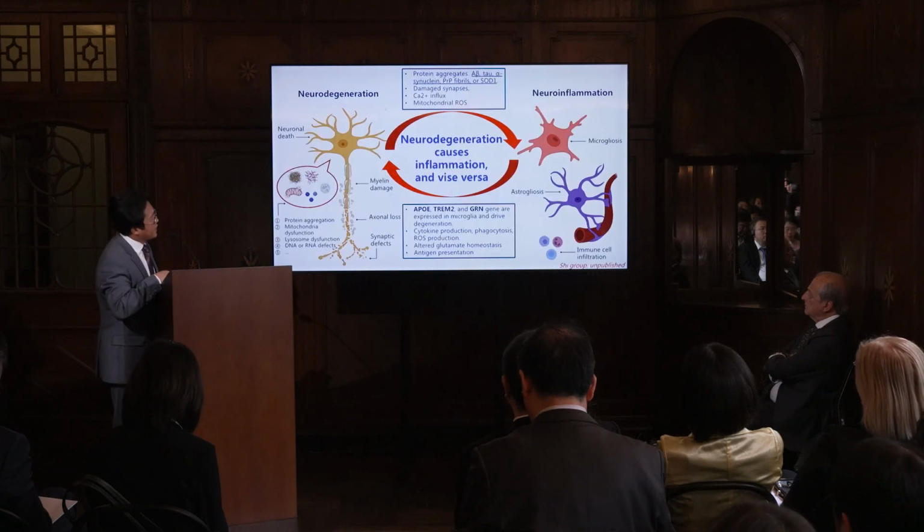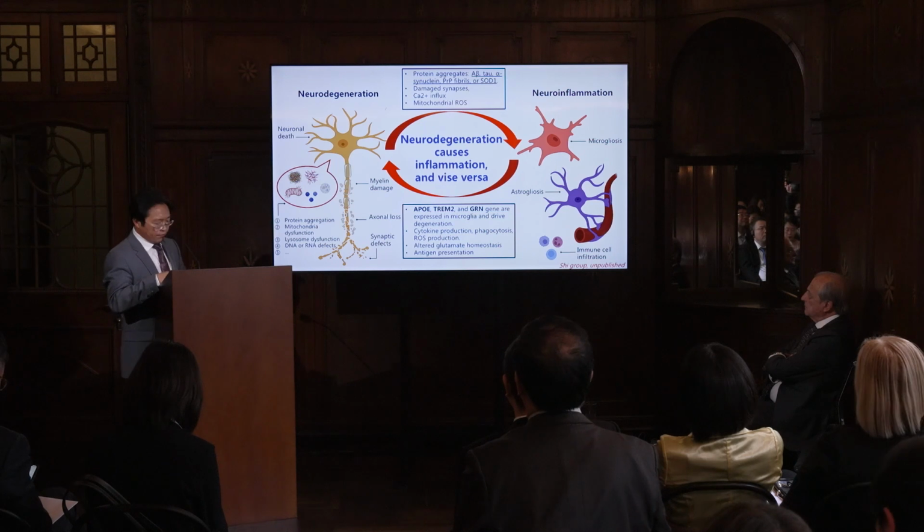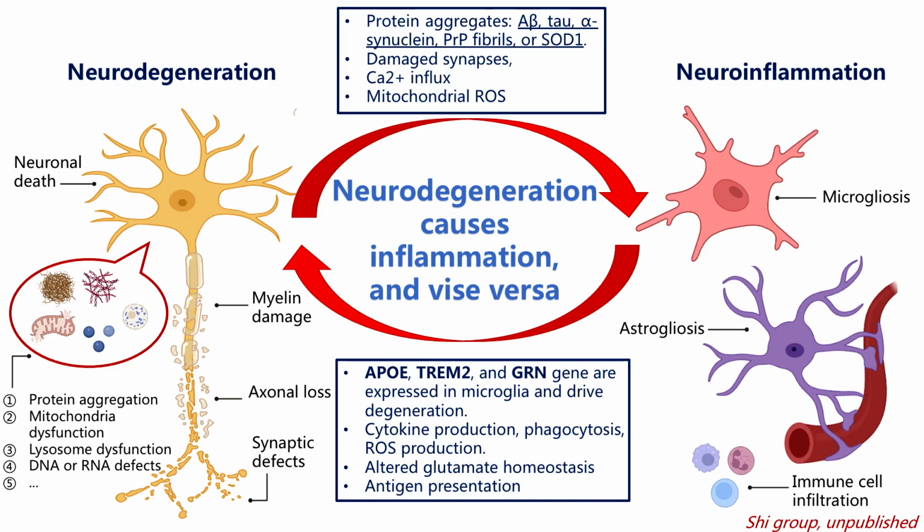So we think that, first, neurodegeneration does cause inflammation as time goes by because they produce so-called damage-associated molecular patterns.